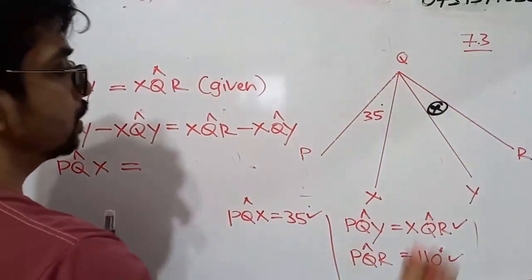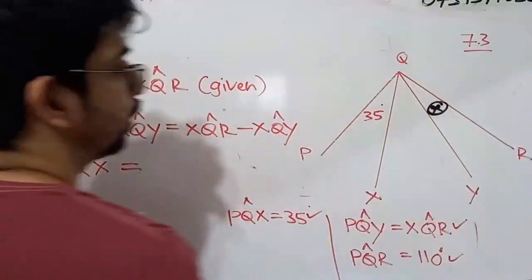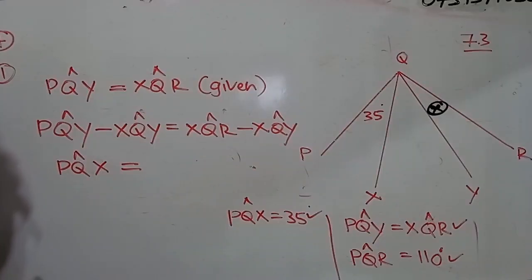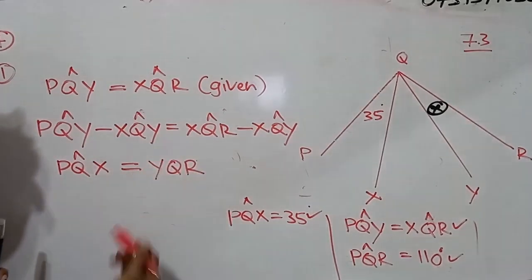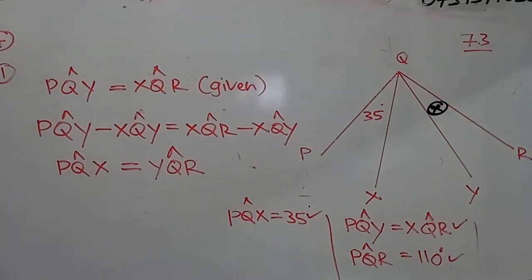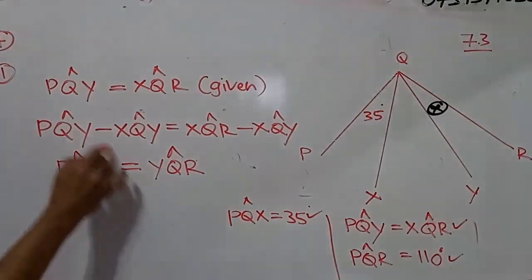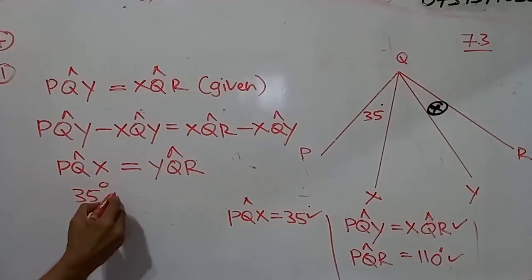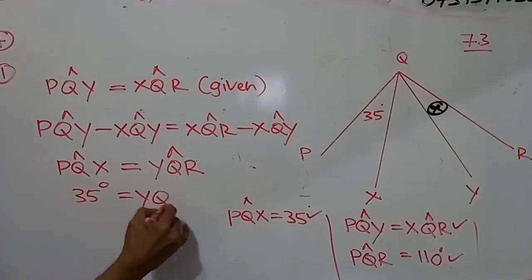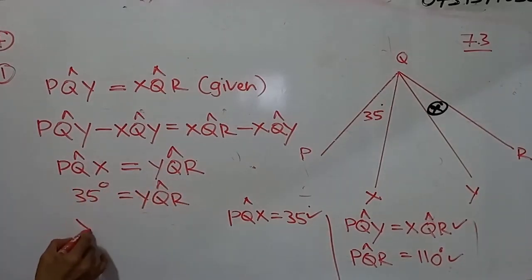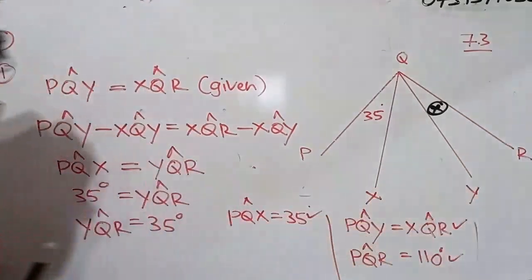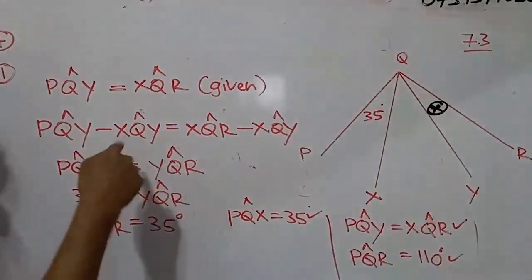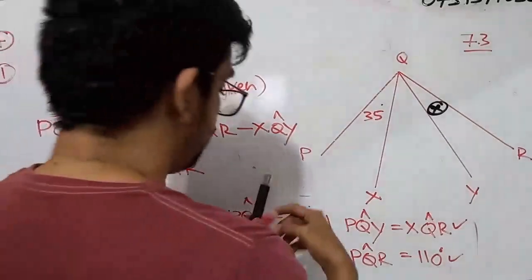XQR minus XQY, that means what? RQY, or we can say YQR. Both are the same. But we know the value of PQX, that is given. So that is 35 degrees. So YQR is 35 degrees.